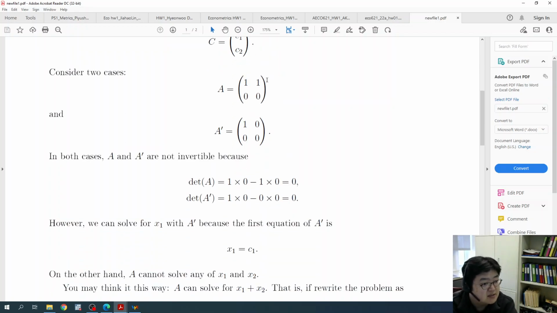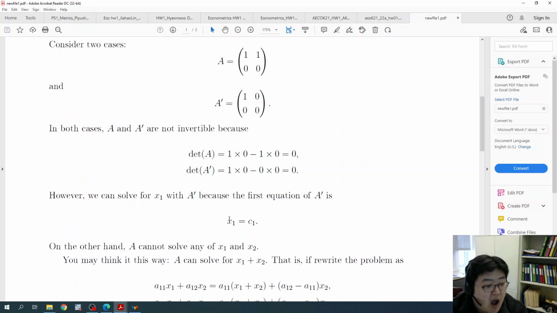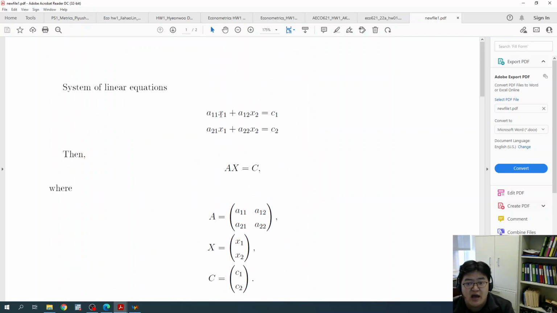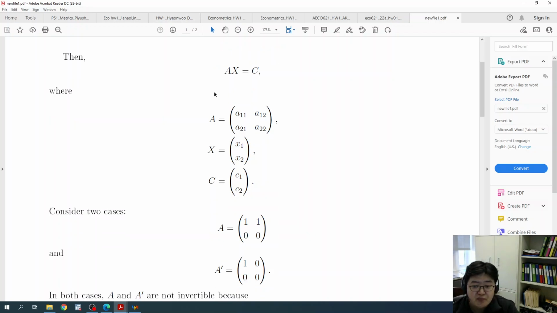Still, the full rank assumption is violated. However, what's interesting is that from A, what you have is simply x1 plus x2 equals c1, right? So you only know x1 plus x2, but you don't know what x1 is and what x2 is. You cannot separate them out.